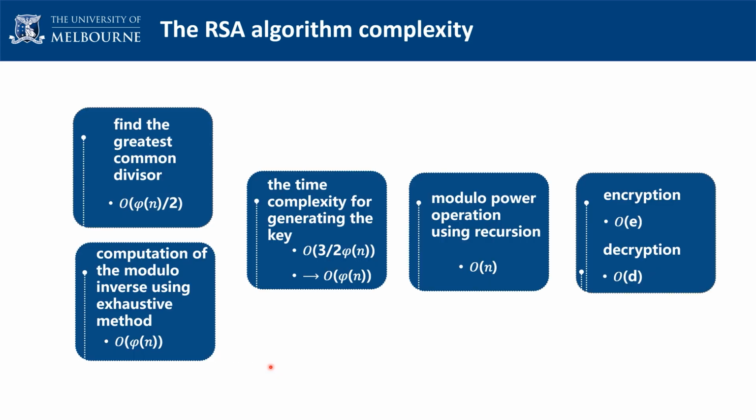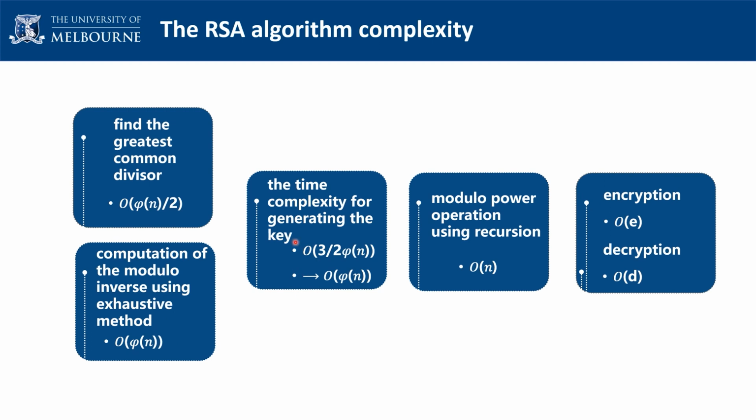And here is the traditional RSA complexity. The time complexity for generating the key includes 2 parts, finding the greatest common divisor and the computation of modular inverse. The time complexity of finding greatest common divisor is O(phi n divided by 2), and this time complexity is O(phi n) because it uses the exhaustive method.